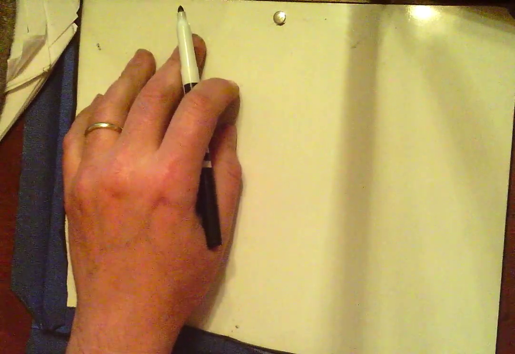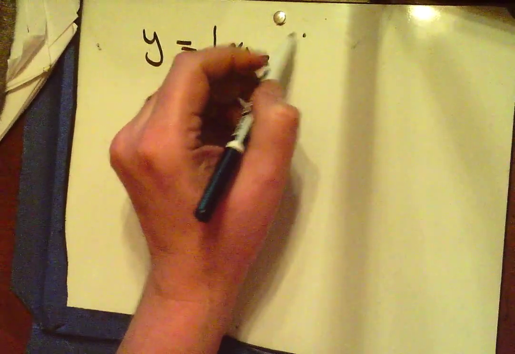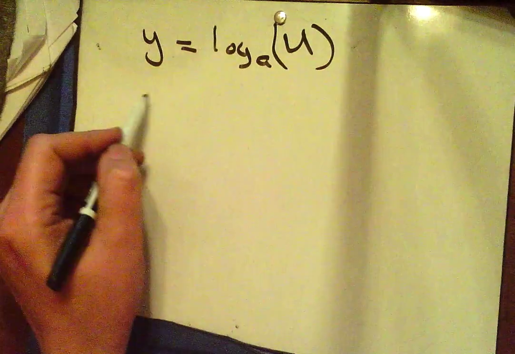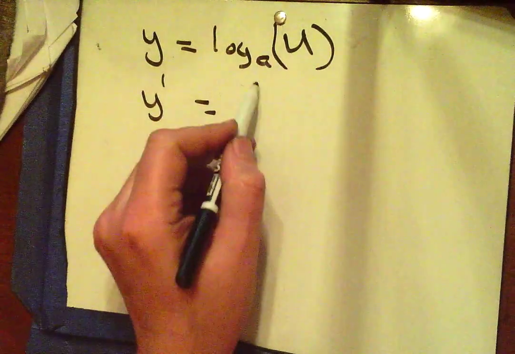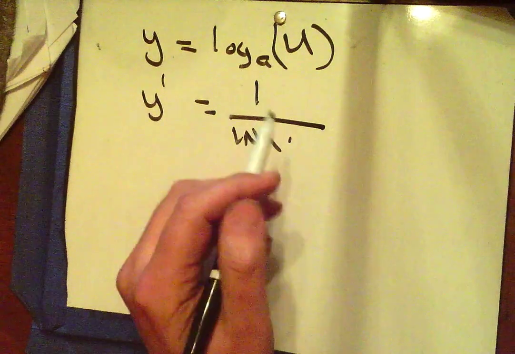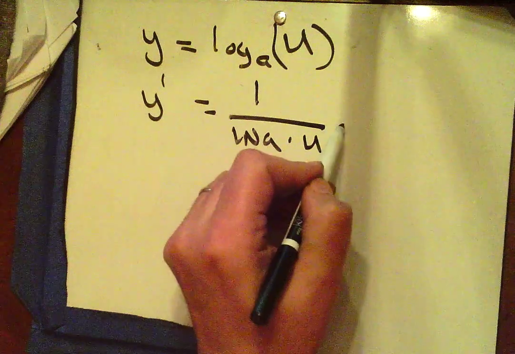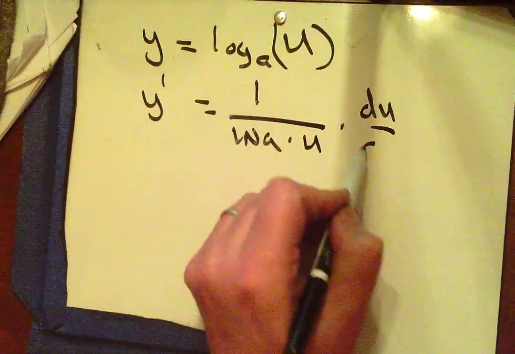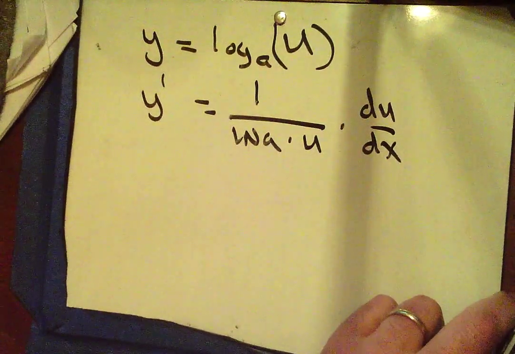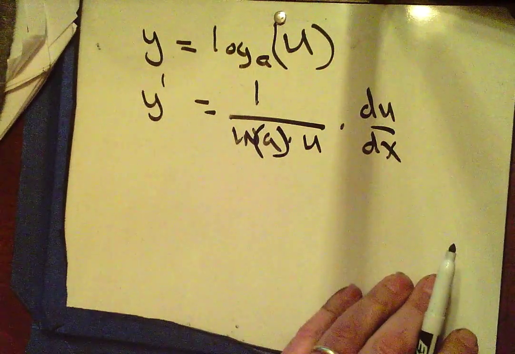But really, ultimately, my recommendation to you is you should memorize that when you have y equals log base a of stuff, your derivative is going to be 1 over ln of a times stuff times the derivative of stuff with respect to x. That's inside the ln, that's not inside the ln.